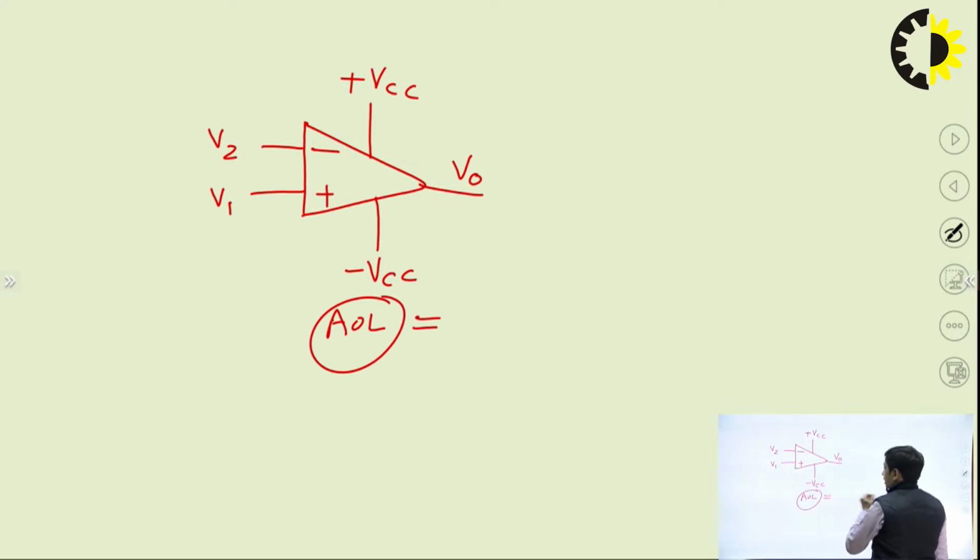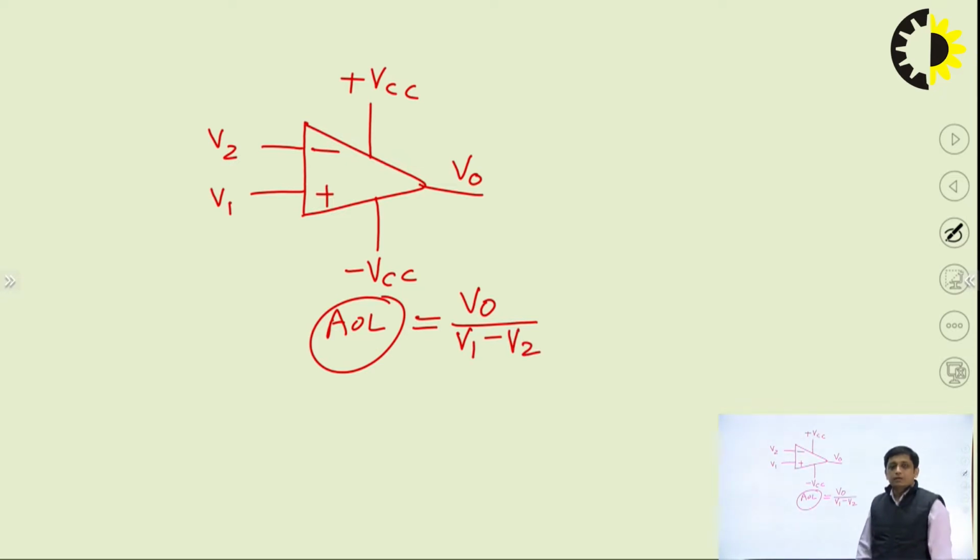This AOL, open loop gain, will be output voltage upon input differential voltage, because this op-amp is a difference amplifier. So input differential voltage will be V1 minus V2.